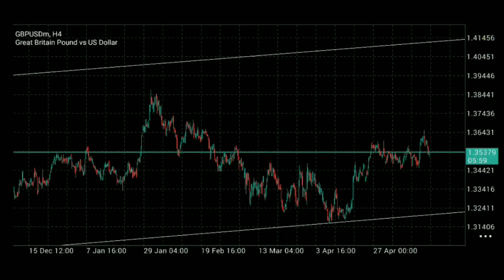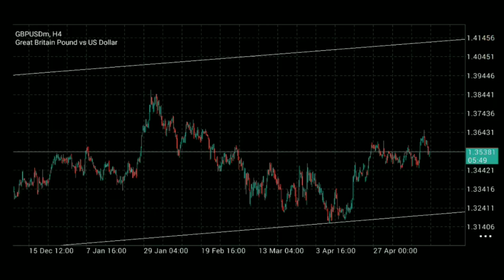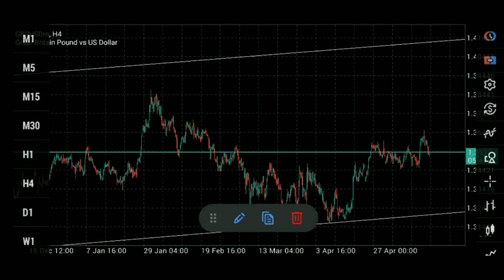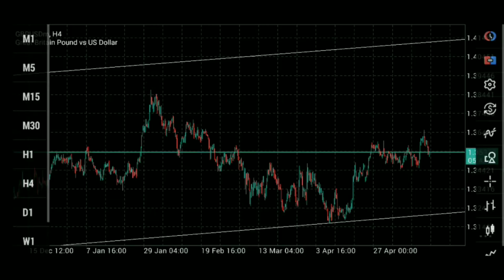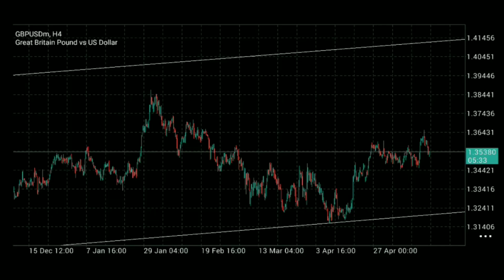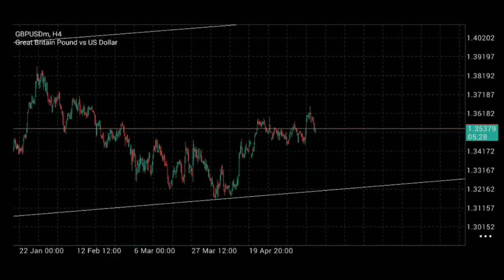Are you getting? High, low, high, low, in a downward direction, in a downtrend, which is bearish. Bearish means selling trend.